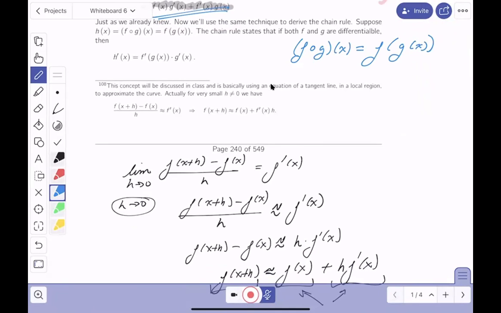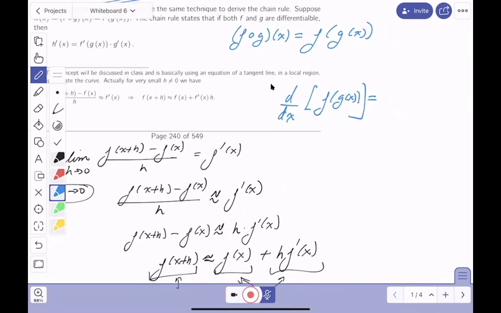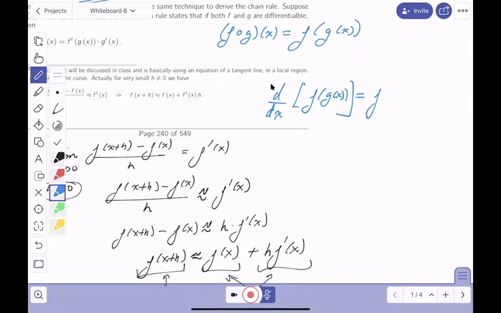And what they claim is that the derivative of this guy over here, let me write this down for you. They're claiming the derivative of this composition is easy to write down, but hard to understand. And it's going to be f prime g of x times g prime of x.